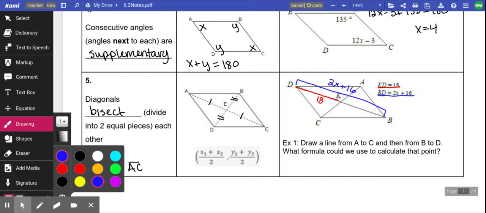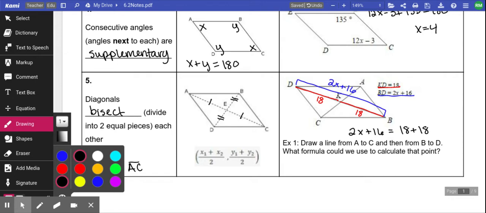Okay, well, we know that because KD is 18, KB must also be 18. So we can set up our equation like this. 2x plus 16 equals 18 plus 18.